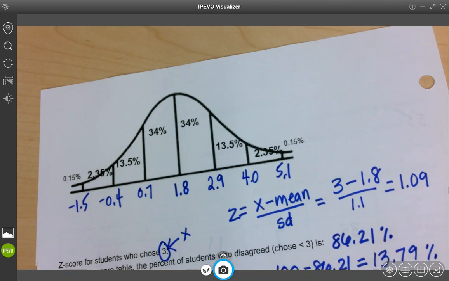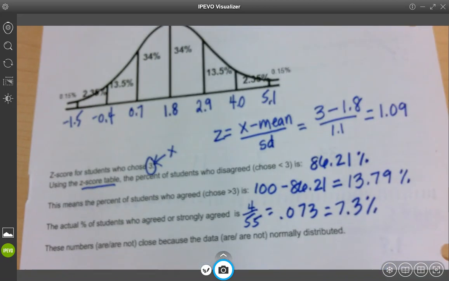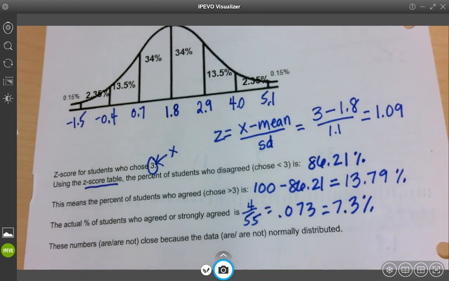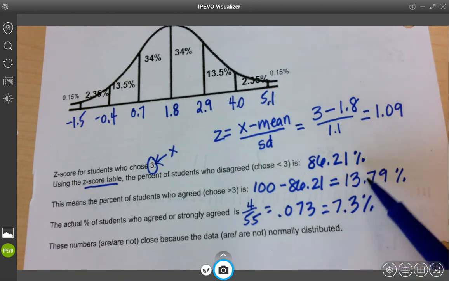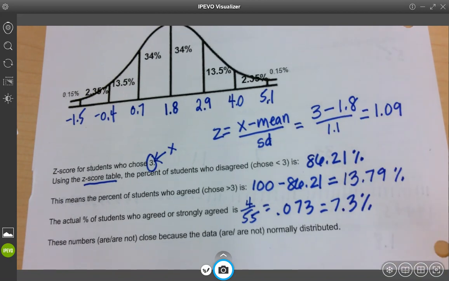All right. So what do you guys think? Is that pretty close to 13? I was a little iffy on this. It's not terribly far. However, it is almost twice as much as 7.3%, right? Like 7.3% times 2 would be 14.6%. We're almost twice as big.